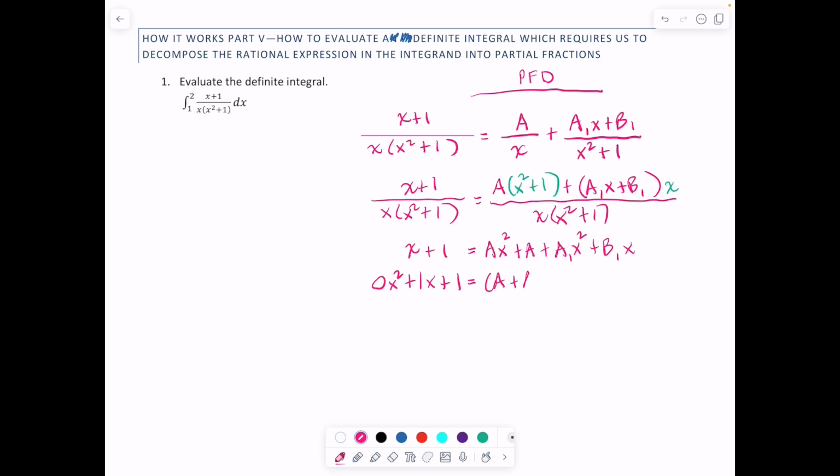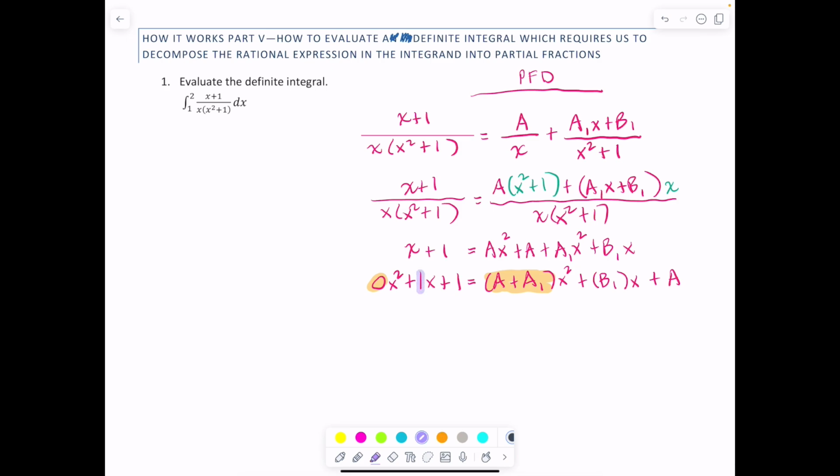Now we can just work on the numerators, and we'll have ax squared plus a plus a1x squared plus b1x. We have an x squared term, so I'm going to add in a 0x squared plus 1x plus 1 equals a plus a1 times x squared plus b1 times x, and then plus a. Now, the things we equate: the 0 coefficient of x squared on the left is equated to a plus a1.